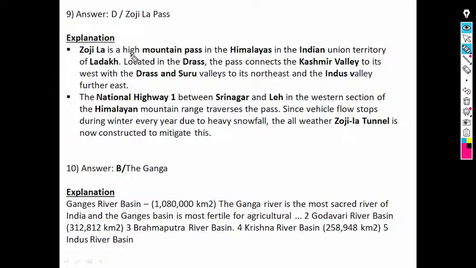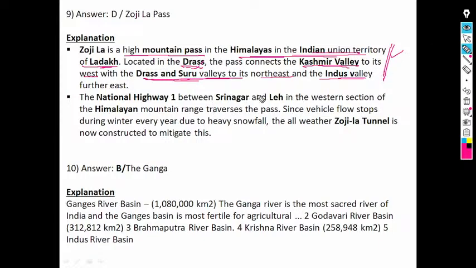Jojila is a high mountain pass in the Himalayas in the Indian Union Territory of Ladakh. Located in Dras, the pass connects the Kashmir Valley to its west with the Dras and Suru Valley to its northeast, and the Indus Valley further east.